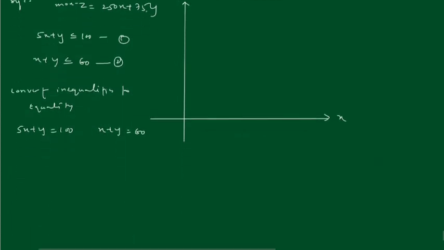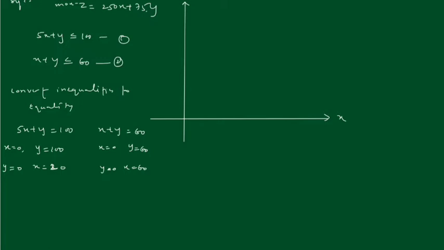When x equals 0, y is 100. When y equals 0, x is 20. Similarly, in the other equation, when x equals 0, y is 60, and when y equals 0, x is 60, right? By using this, we can plot our graph.